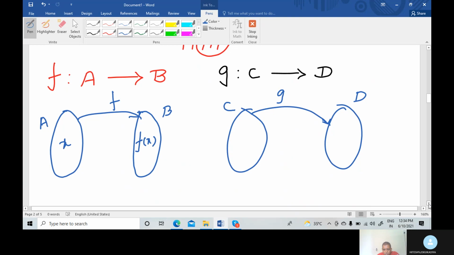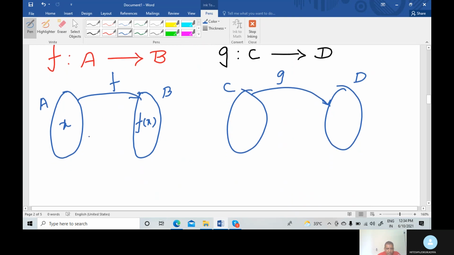Also the set of answers f(x) is called the range, range of f. Is that clear? Here the range of f is a subset of B, otherwise equal to the codomain. Range of f is always equal to the codomain, otherwise a subset.